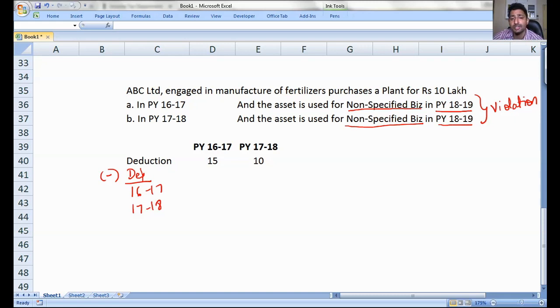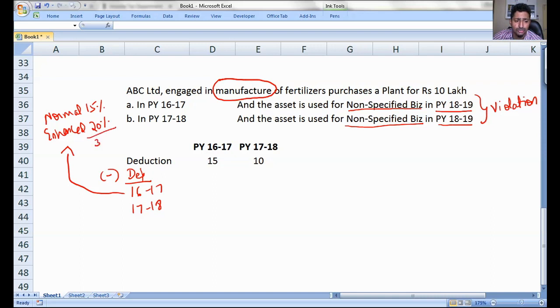Now the question is how much depreciation you could have claimed. In the first year, that means 16-17, you could have claimed normal depreciation of 15% since it's a plant, and since you are a manufacturer, remember the question, you can claim 20% extra. So the first year you can claim a total of 35%.